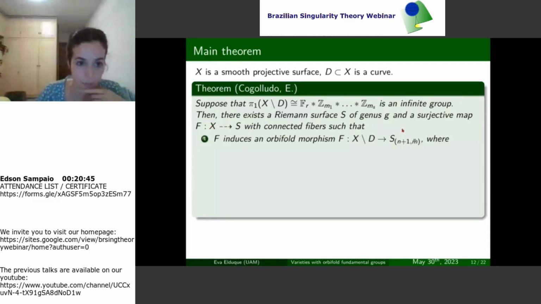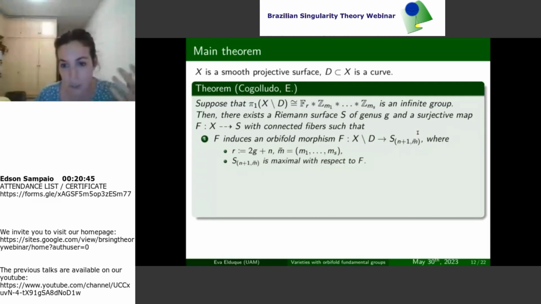Such that F is going to induce an orbifold morphism from the complement to S with an extra orbifold structure. The extra orbifold structure being the one that makes it maximal with respect to this morphism.